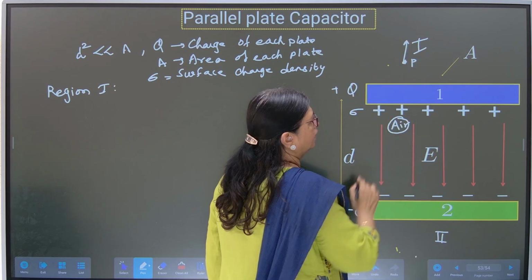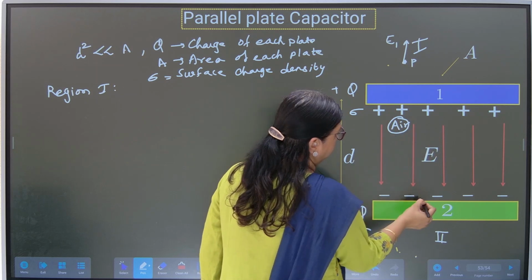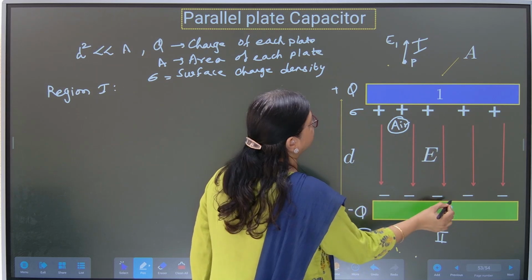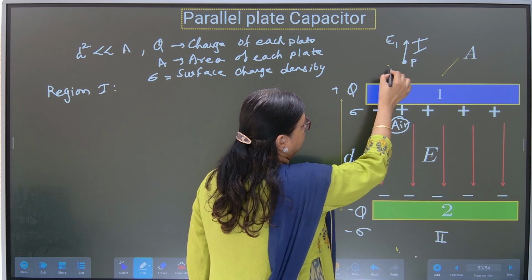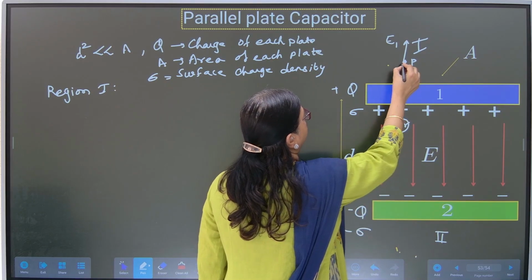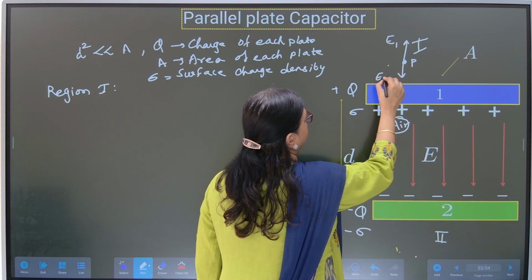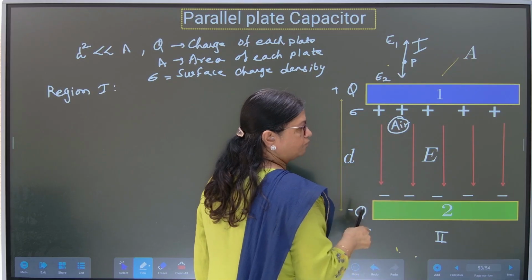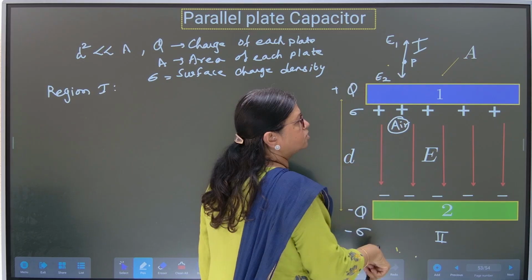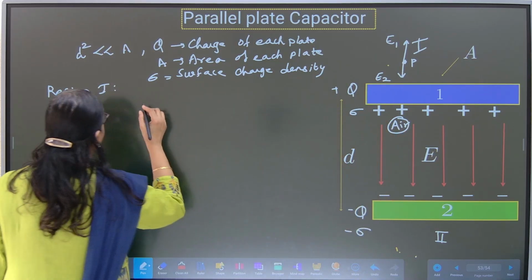Upwards, I can say E1. And due to these negative charges, the direction of the electric field from the point P towards the negative plate will be downwards. So E1 and E2, what is E1?